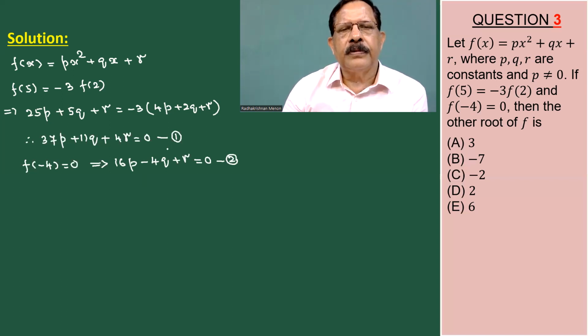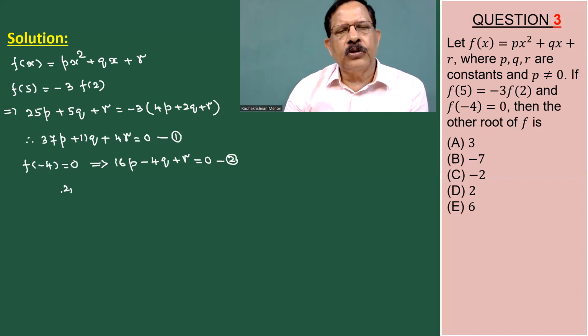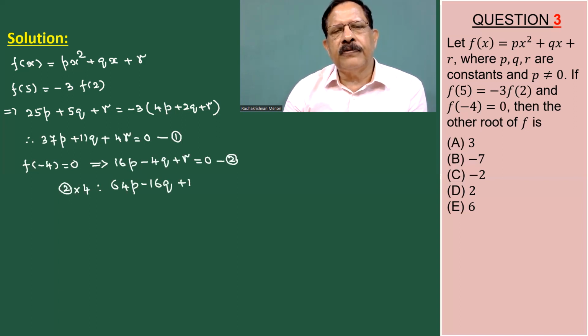You solve these two equations. You eliminate r. How to eliminate r? Equation 2, you multiply by 4. So you'll be getting 64p minus 16q plus 4r is equal to 0.